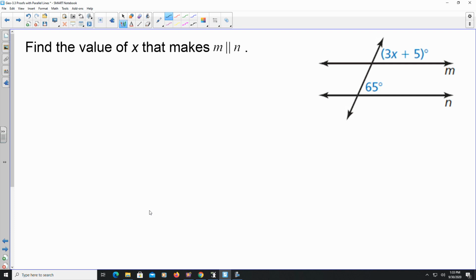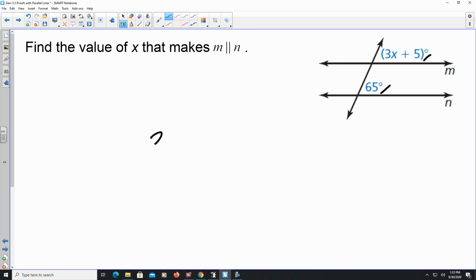In this particular instance, they want us to find the value of x that makes m parallel to n. These two angles by relationship are corresponding. Since they are corresponding, for m and n to be parallel, they must be congruent.